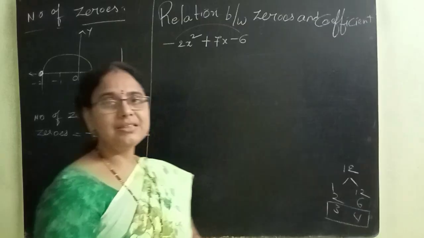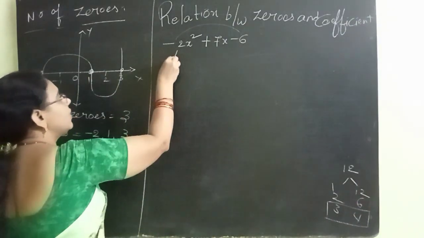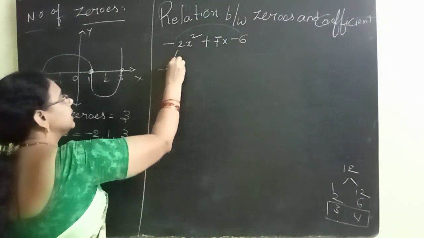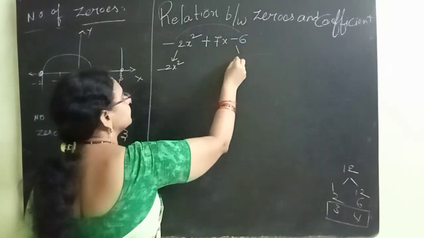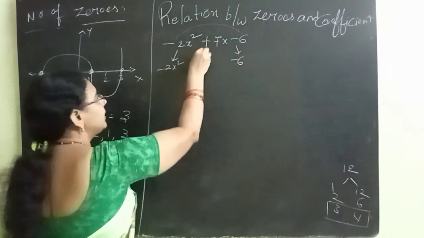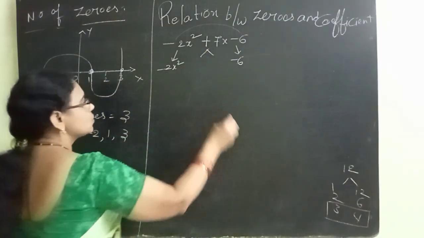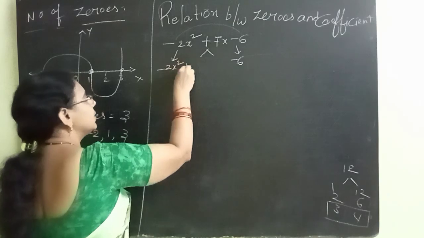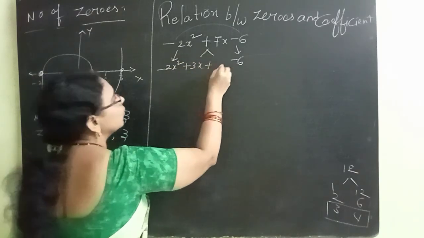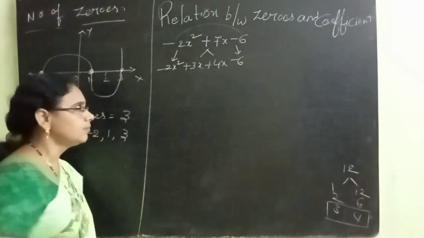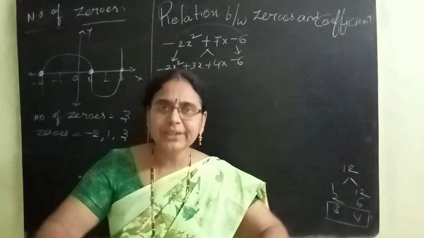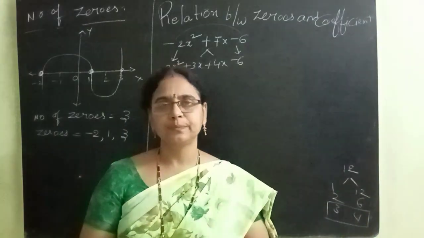How can we start splitting the middle term? First and last terms as it is, splitting only the middle term. So here plus 3x plus 4x. 7x I split into 3x plus 4x.